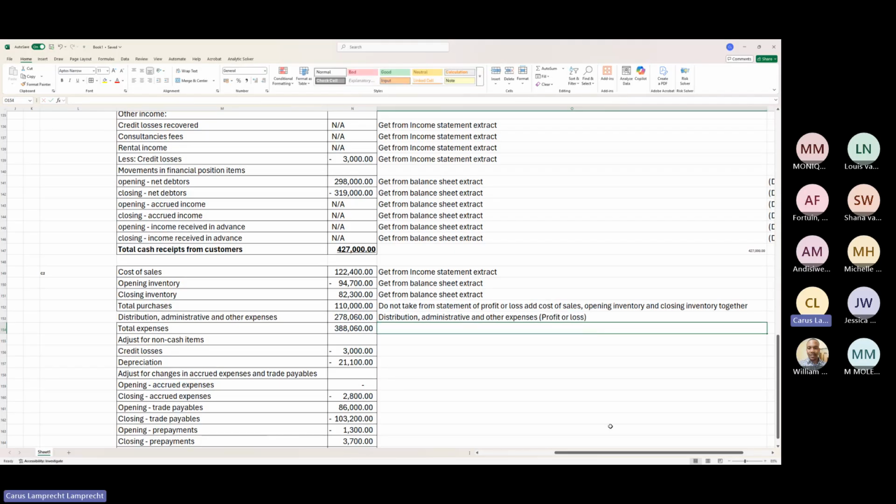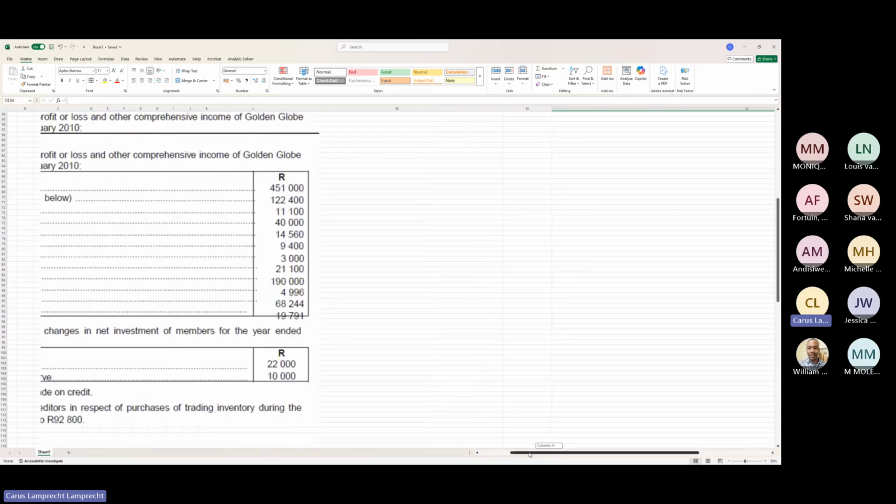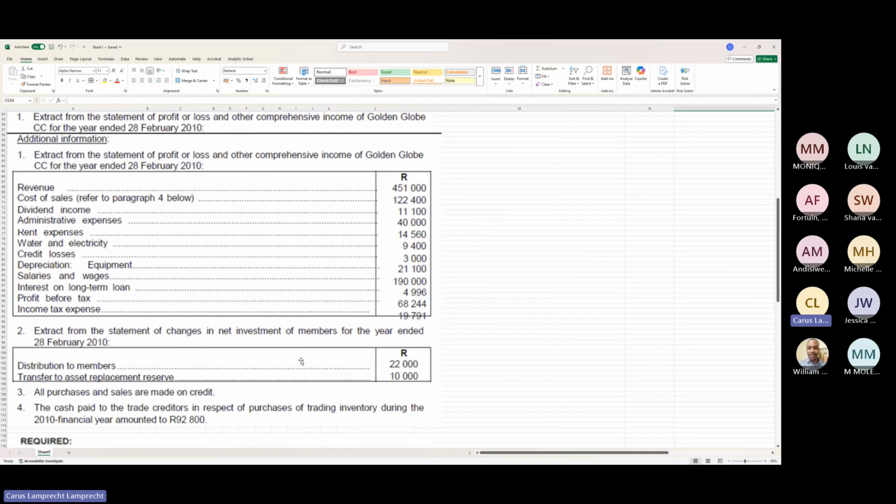So essentially what you're going to do now is you're going to go to the profit or loss extract and you're going to find all expenses that would normally fall under that heading. Okay, I'm just going to do this for illustration purposes. Sometimes they'll actually give you the total. But in this case, looks like they split it.